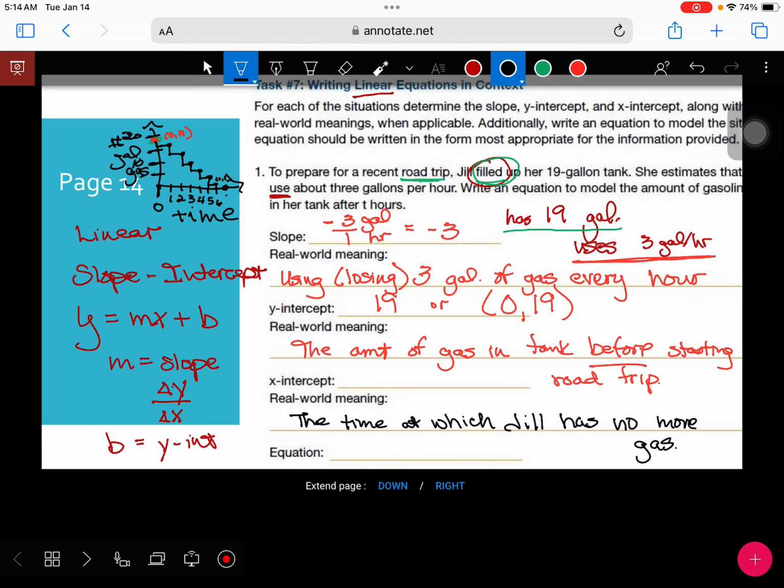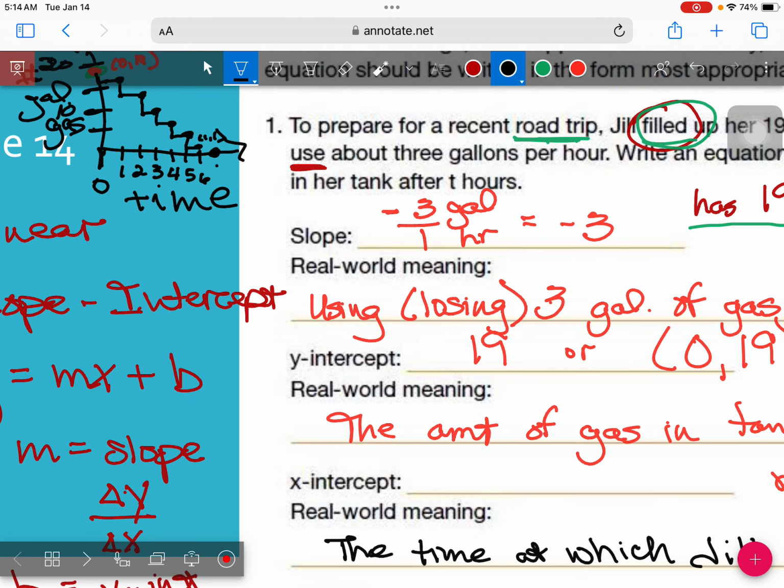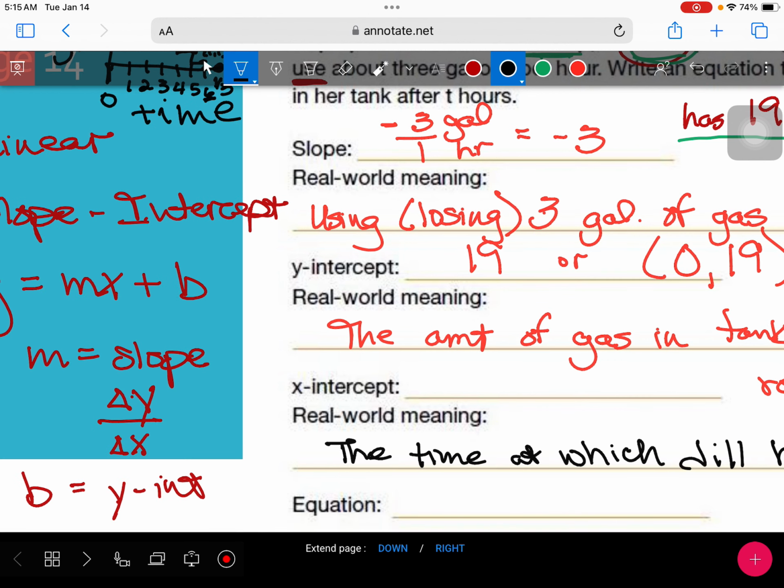So, as I was looking at that, we were down to 6, and she was at 1. And then we would go down 3, but we don't have to because we're only at 1. So basically, it is taking her 6 and a third, or 6.3333, to reach that x-intercept.